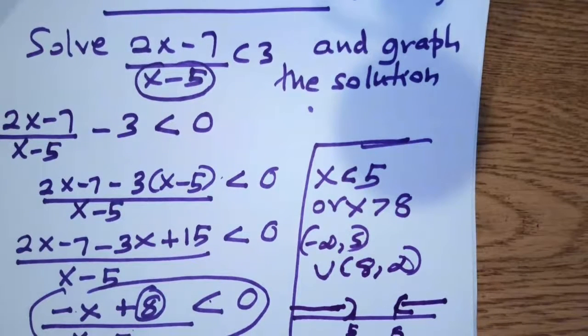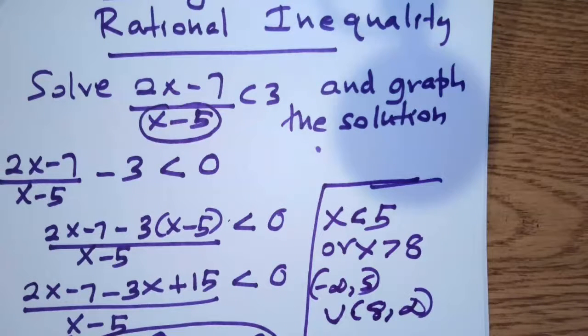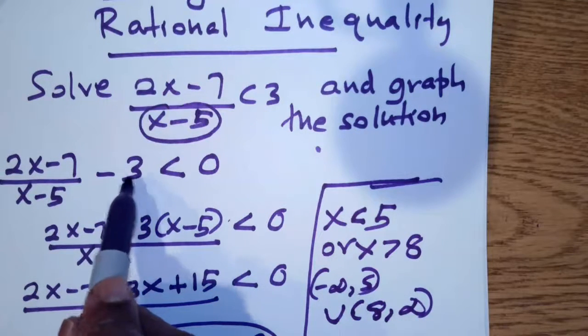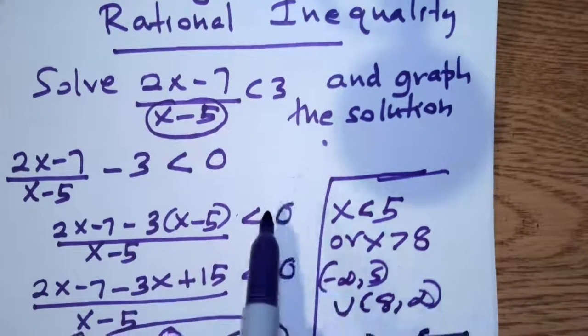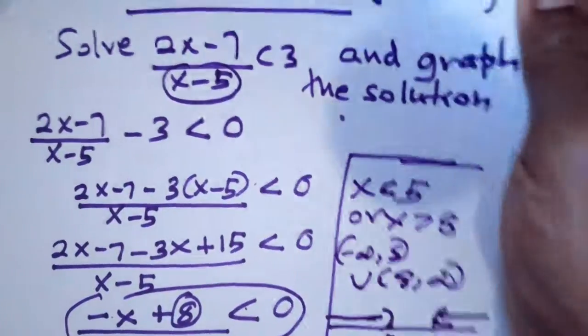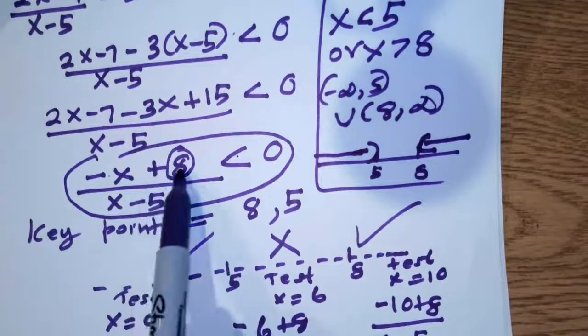Okay, and that's how you solve a rational inequality. So remember, you want to make sure that you bring everything to one side, leaving only the 0 on there. So you need to take the 3 and subtract it from both sides, and then you factor it, and then you usually get a denominator and numerator.